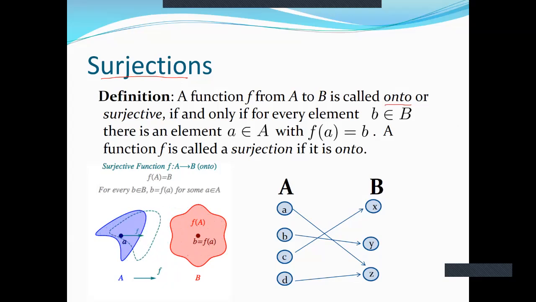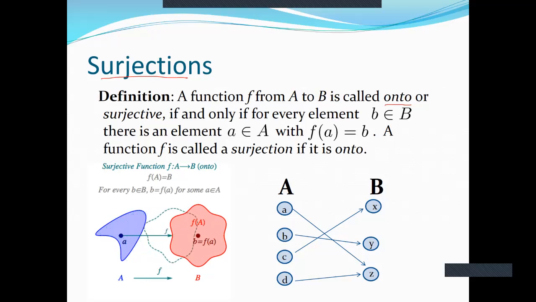What does it mean? Let's understand this. It means all the elements in the codomain, all the elements in B, have a pre-image in set A. In one to one, we had the restriction that all the images have exactly one pre-image.